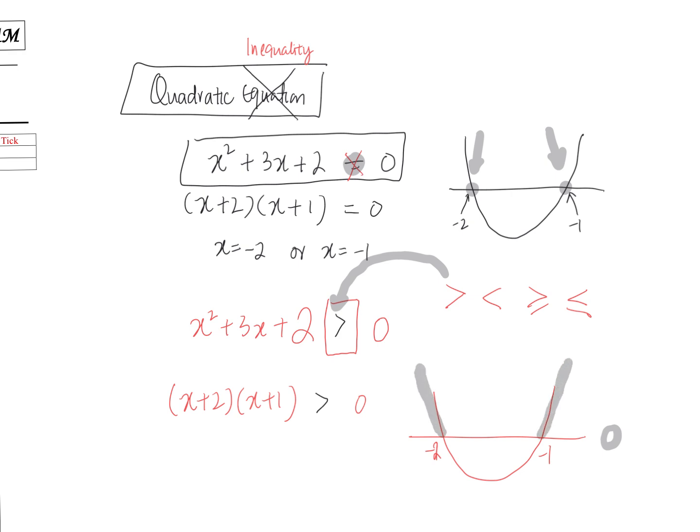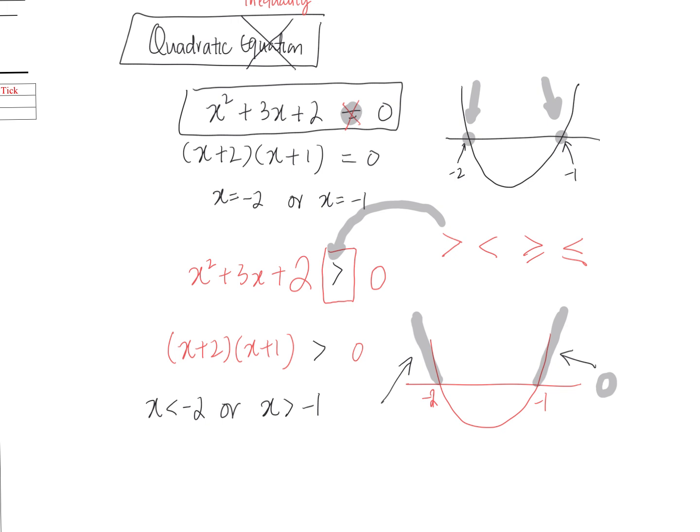So where are all my x values? My x values are split into two disjoint inequalities. I want all the x values here, which is x less than -2. The other solution set is all the x values that are greater than -1. So for inequality, I'm looking out for the range of solutions that lie above or below the line. There's no question, I'm just coming out with an example to overview the thing.